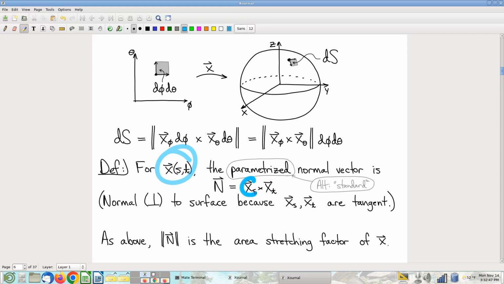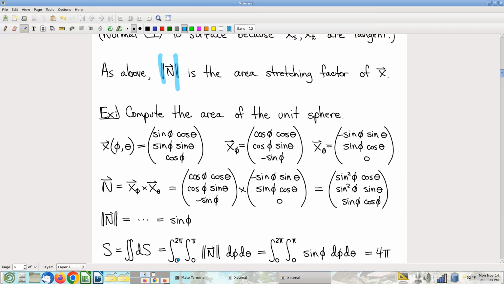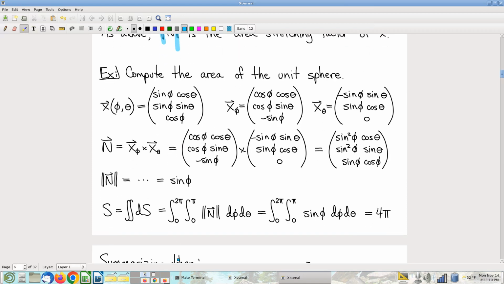Then I've got to compute its partials with respect to the parameters. Then I've got to take the cross product of those partials, and then I've got to take the magnitude of that cross product. So there are several little steps that have to get done, and it's a little tedious, and I apologize. It's the nature of the beast.